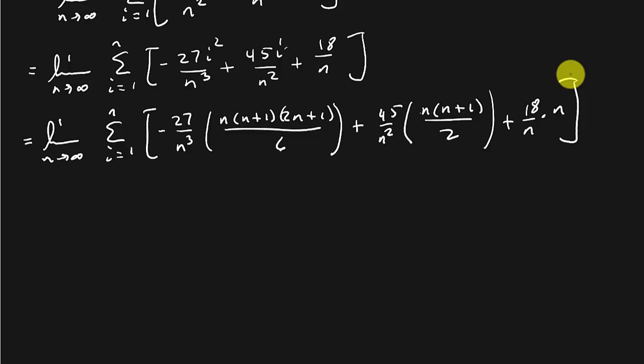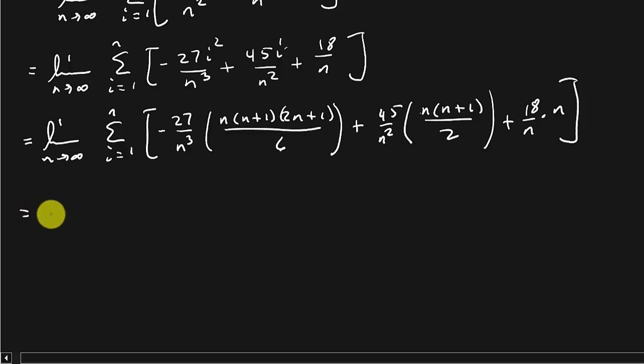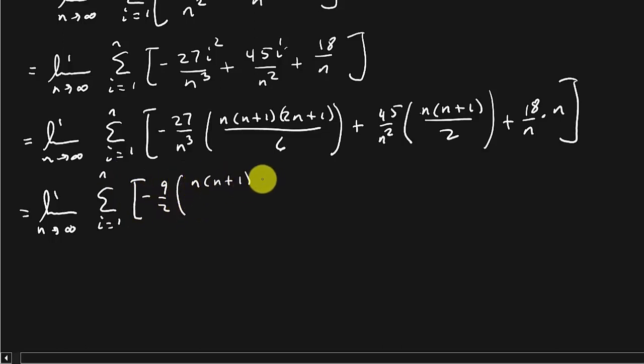All right. So this is going to be the limit as n goes to infinity, sum i equals 1 to n. And what I'm going to do is, this is going to be negative 9/2 times n plus 1 times 2n plus 1 over n cubed. What did I do there?